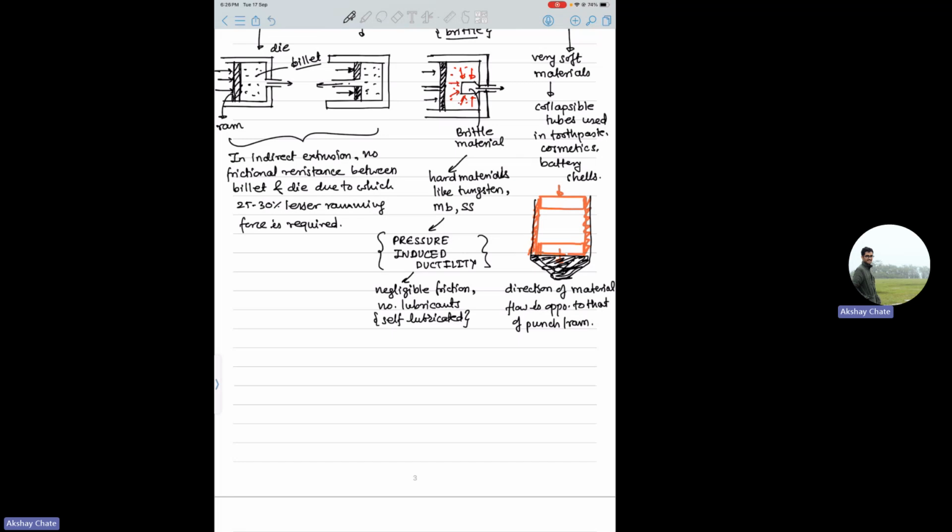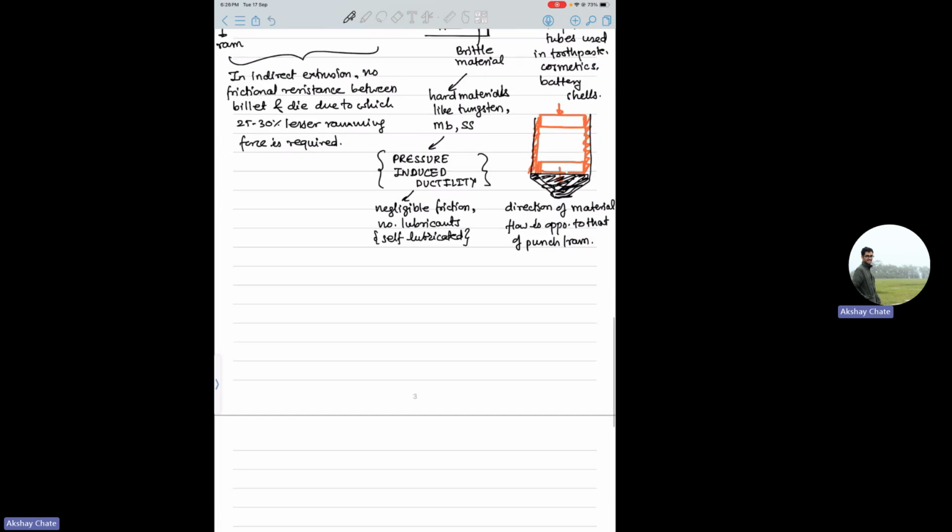Apart from that, we saw some formulas. You should remember things like extrusion ratio, because in some questions they will just mention the extrusion ratio and then you have to calculate.